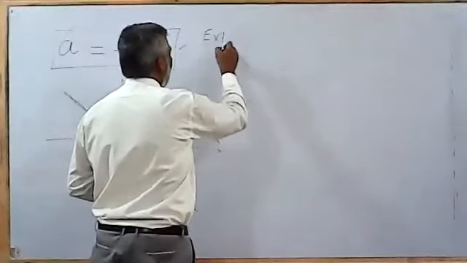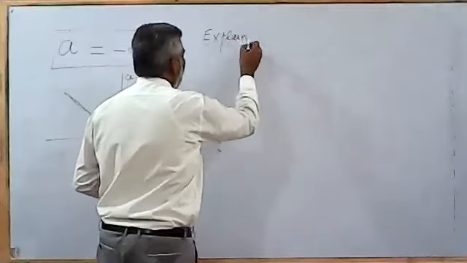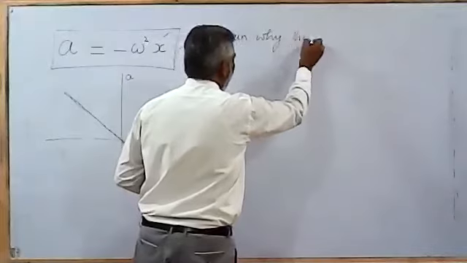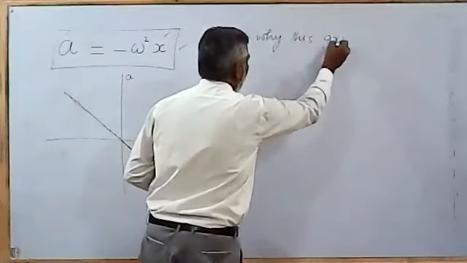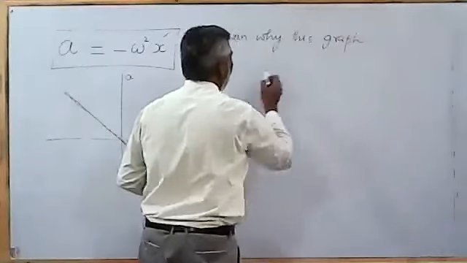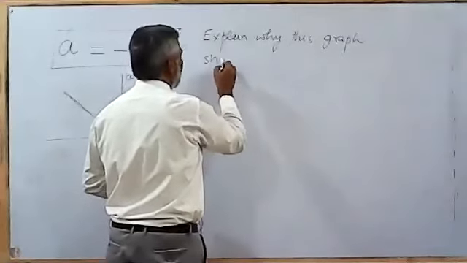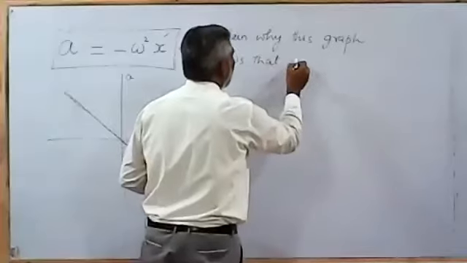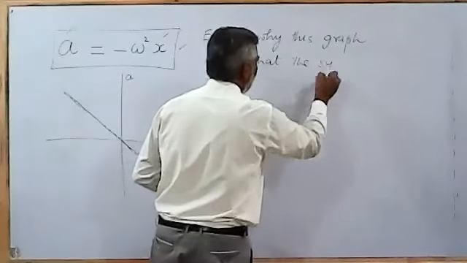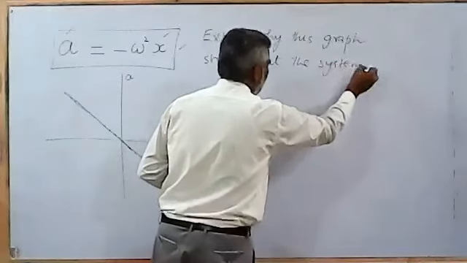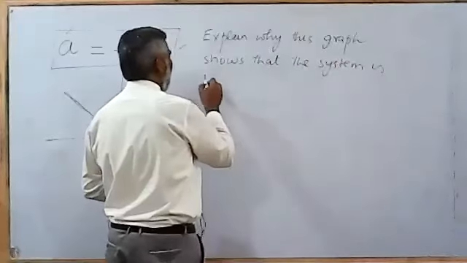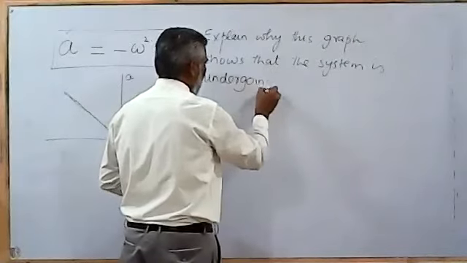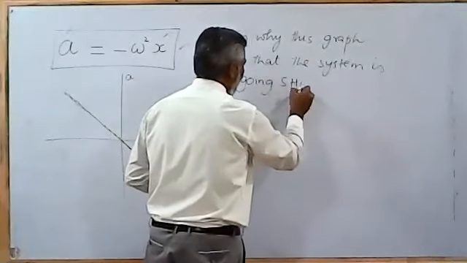Explain why this graph shows that the system is undergoing simple harmonic motion.